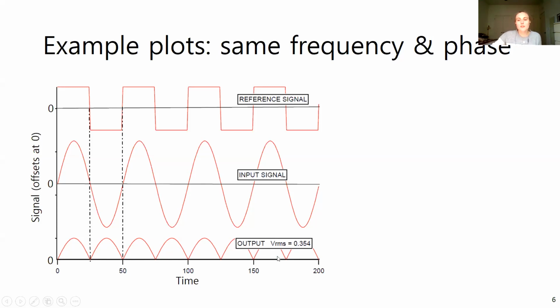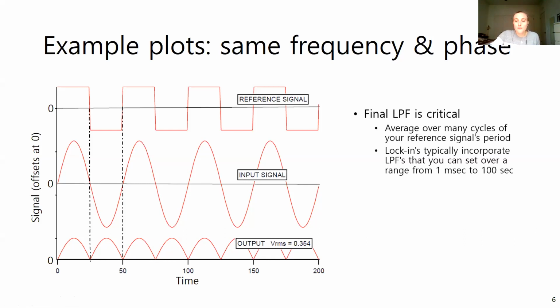And then the important thing, when you're selecting the cutoff frequency or the time constant of your low pass filter, is to choose something that's averaging over many cycles of your signal. So to illustrate the integration, I have this gray shaded box here, but it's going to average over many periods of the signal.